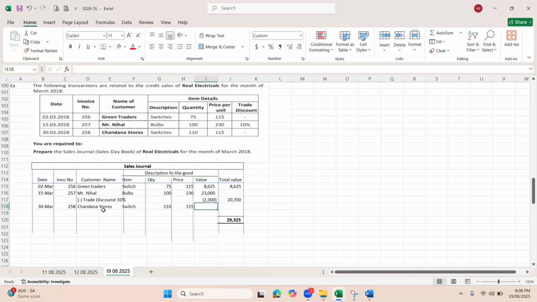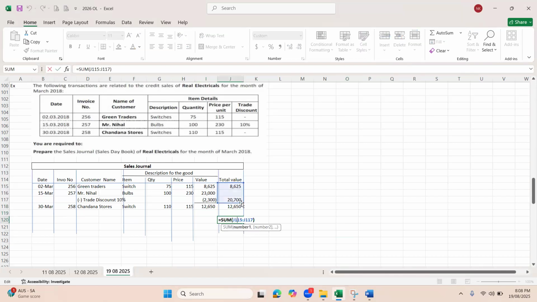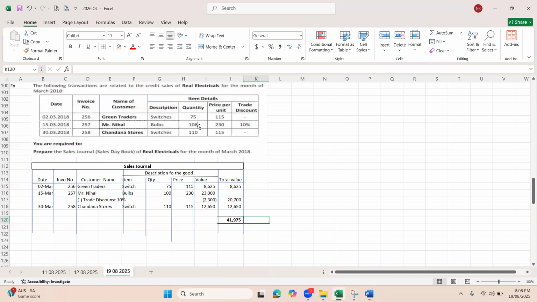Then the value is 115 into 110, 12,650. No discounts. Then the total value of the sales journal, these three totals, is 41,975. Sales is an income.